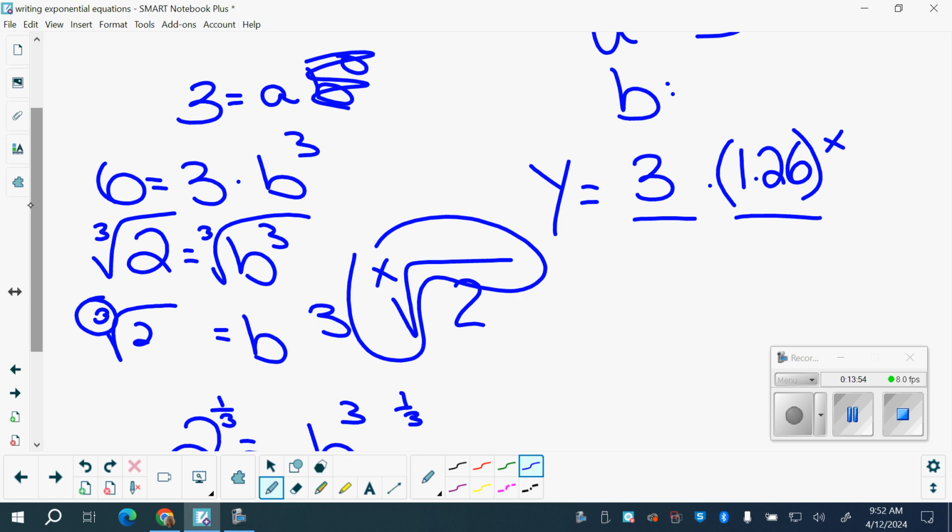Now, I will tell you one other thing. My software, and I don't know why this is, does the times dot. Okay, watch. I think the times dot with a decimal is dumb.